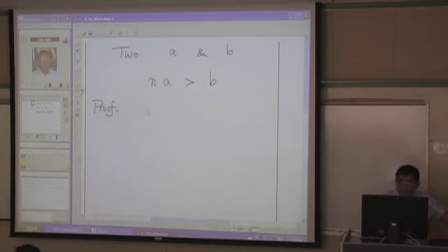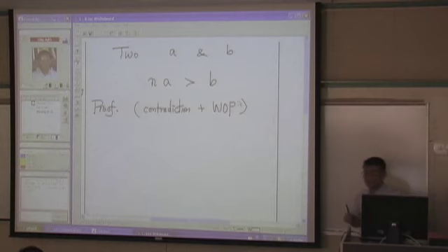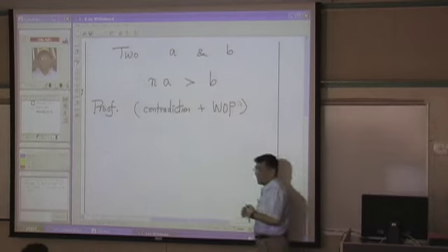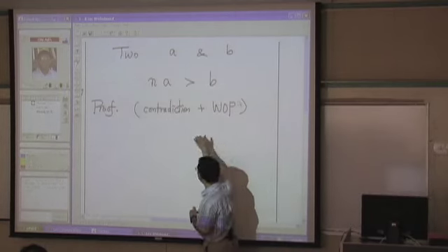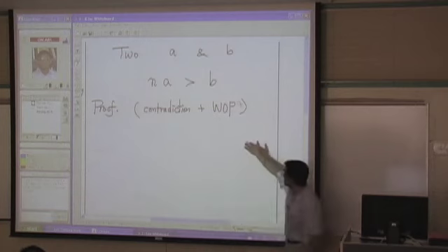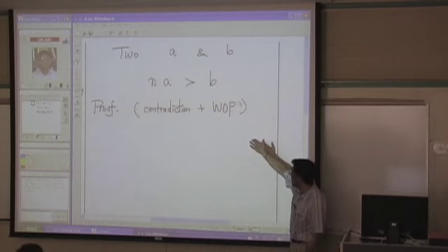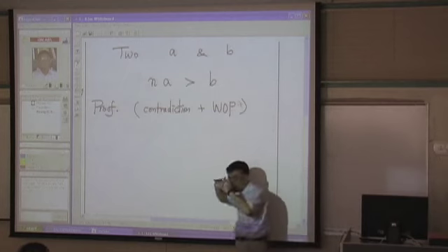One is proof by contradiction, and then the well-ordering principle. So we always need ideas, right? The idea is using a proof by contradiction, and we apply the well-ordering principle. So by the combination of these two, we can prove it.